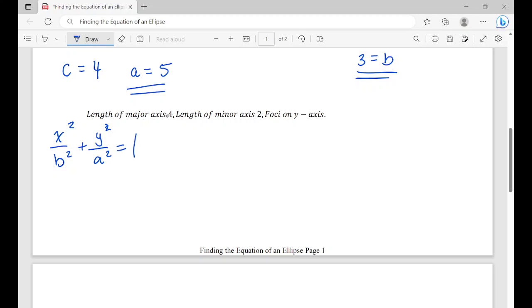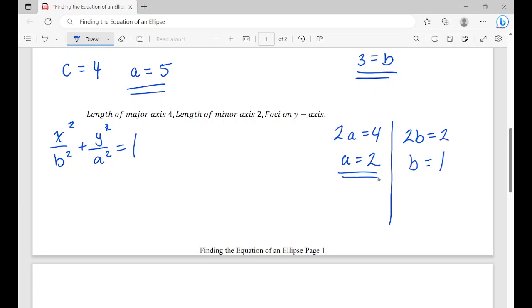Now, length of the major axis is always your a value doubled, and the length of minor axis is always your b value doubled. So we know that we have 2a equals 4 and 2b equals, not 1, but 2. So first one is the length of the major axis, 2a equals 4, so divide by 2, a is going to equal 2, and the length of the minor axis is equal to 2, so divide by 2, b equals 1.